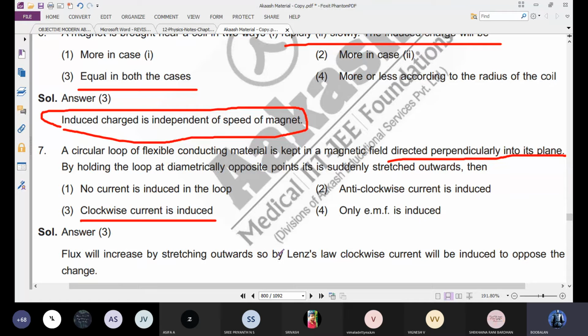So using Lenz's law, the current will be induced in the opposite sense to the change. For direction purposes we are using Lenz's law: clockwise for outward. Just a small key point you can remember.